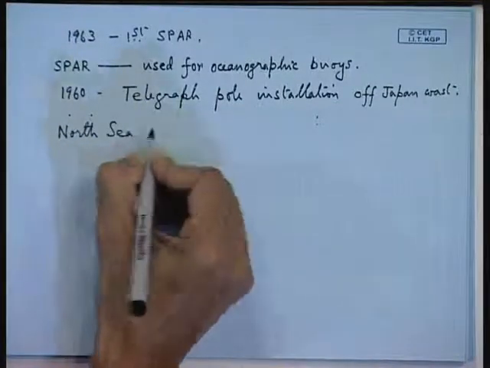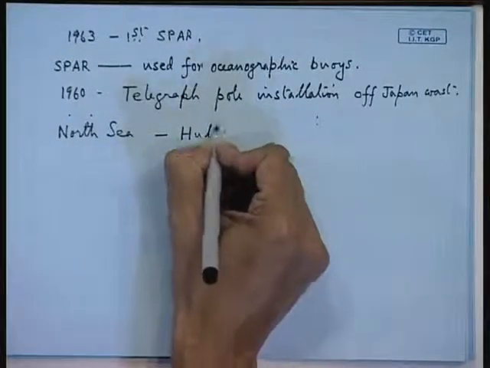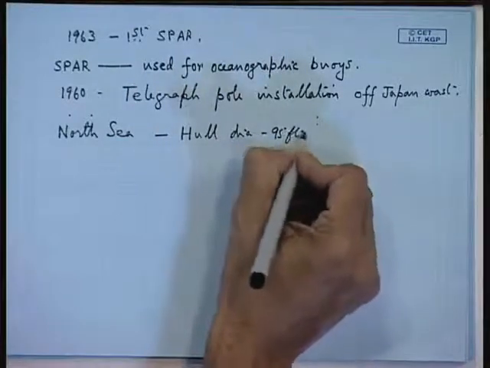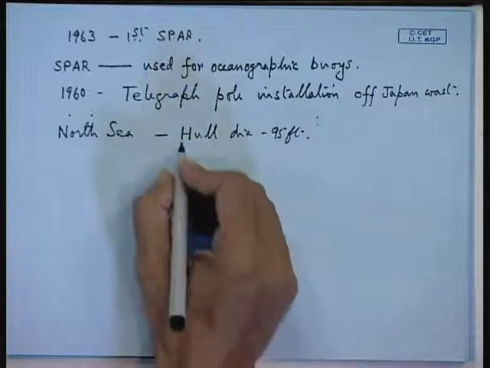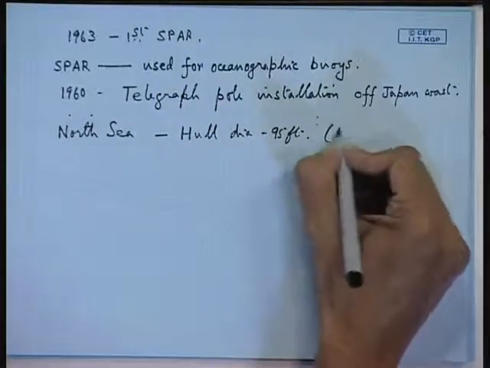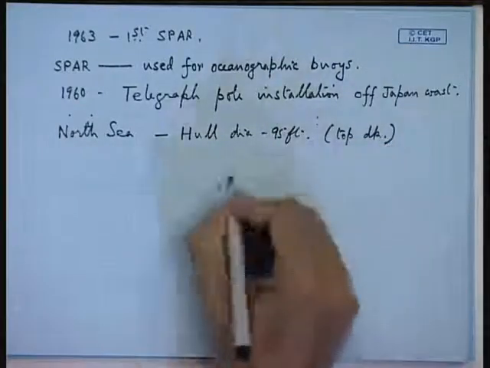North Sea hull diameter is 95 feet. This is on the top deck. Just to give you an idea of the size.